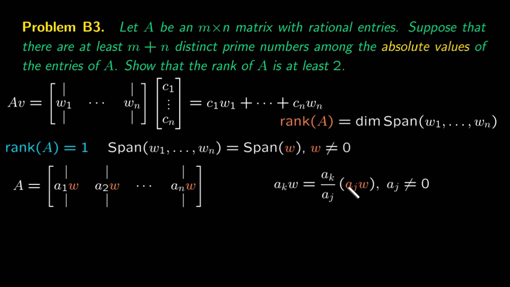Simply by canceling this, you can easily verify it, and A_j w was one of these vectors in here, as long as this A_j is non-zero. And we have some of those vectors, so A_j must be non-zero somewhere in here.